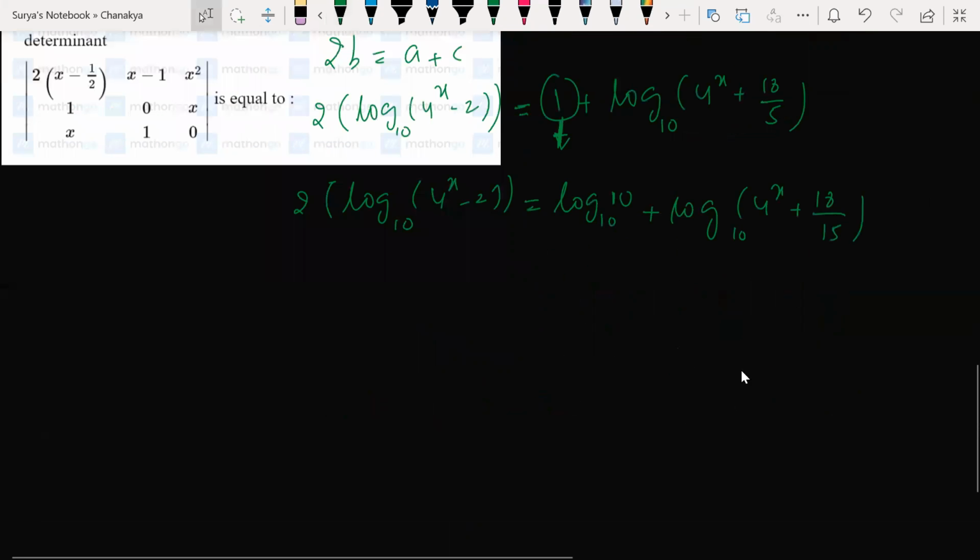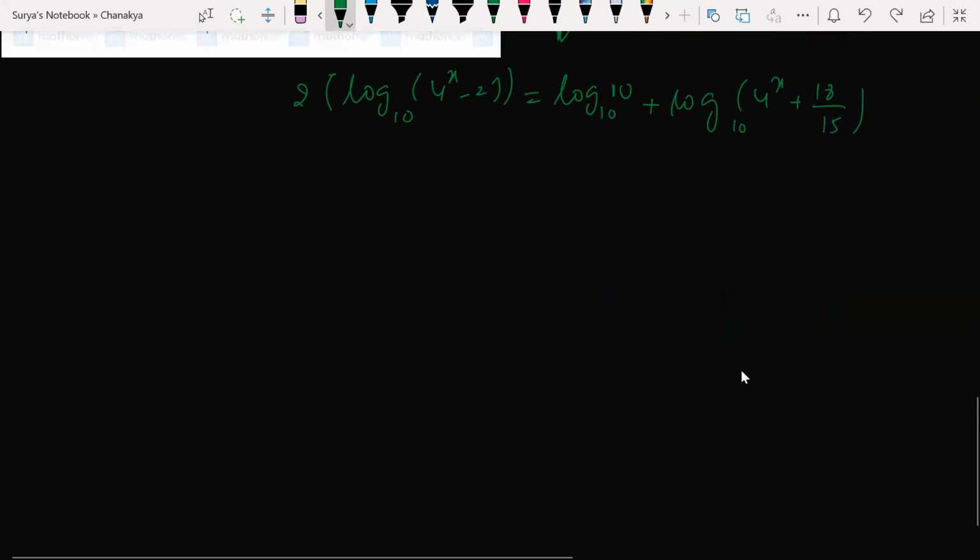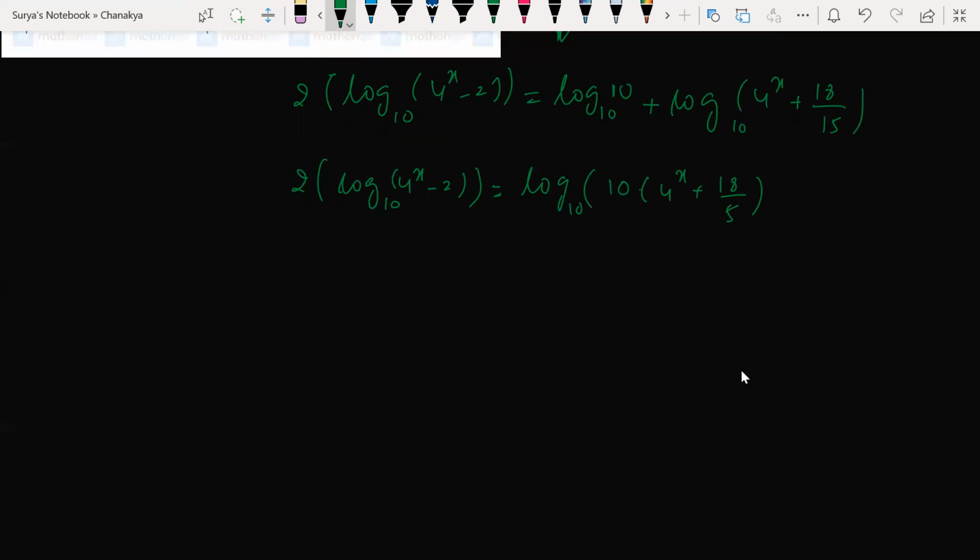Look at this here: log a plus log b is log ab. So 2 times log of a into b, base 10 in fact.